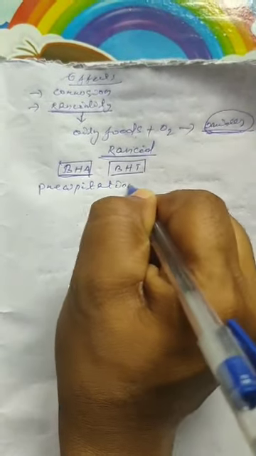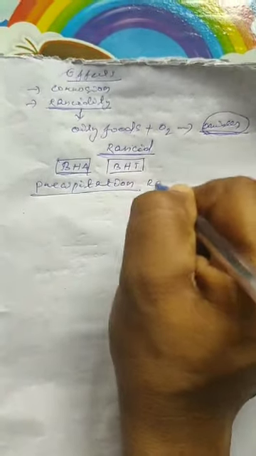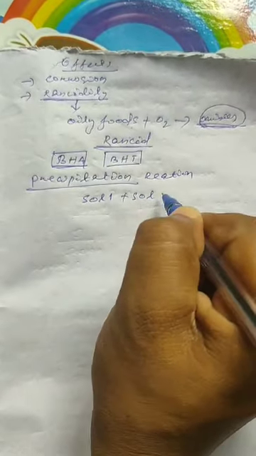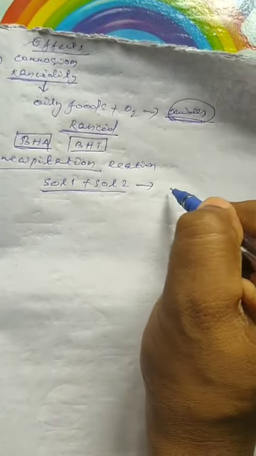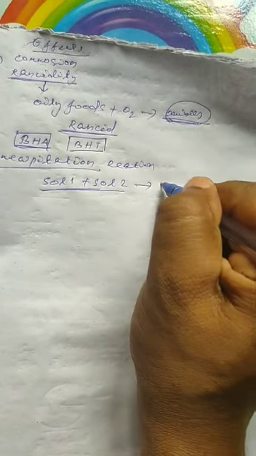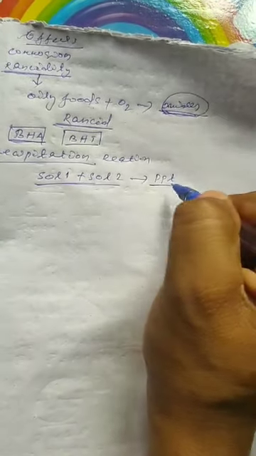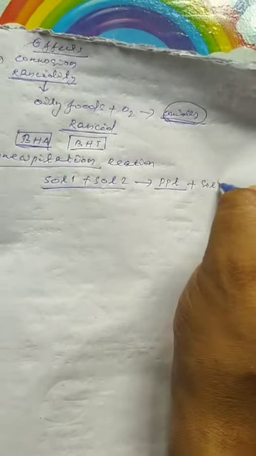And one more reaction I want to tell you, the precipitation reaction. What is a precipitation reaction? Precipitation reaction means two solutions, solution 1 plus solution 2, chemically combine with each other to produce one substance which will not dissolve. That means a precipitate, PPT, plus another solution.